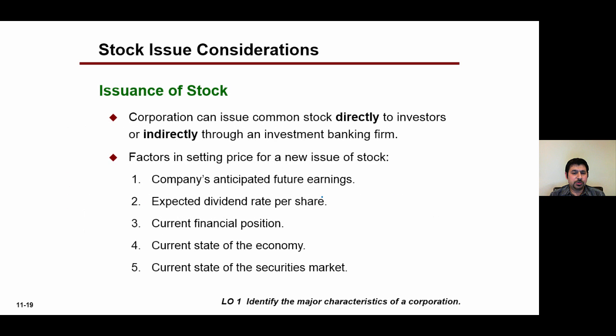So when the company issues stocks, they either sell the stock directly to investors, or they sell it through an investment bank. Direct issuance is very common for closely held companies, while indirect issuance is common for publicly held companies.